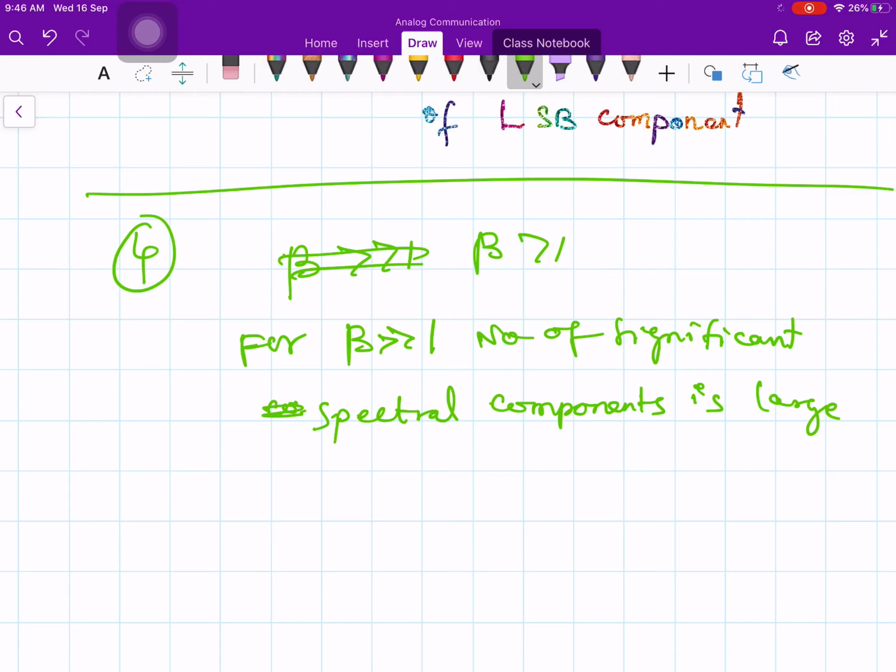In such a case, this is called a wideband FM, and the bandwidth is large. That's it.